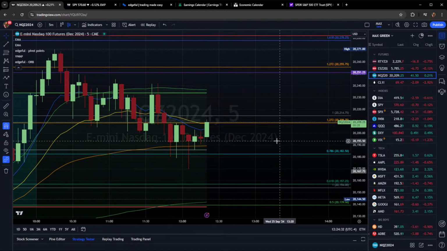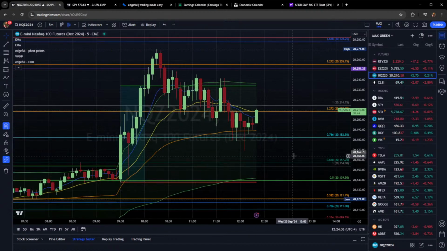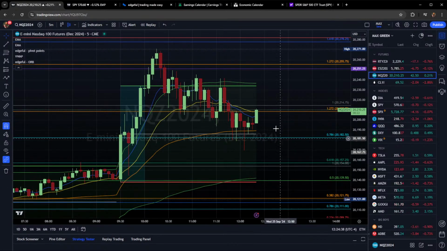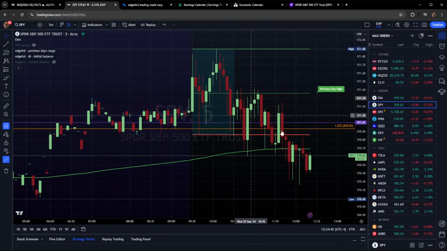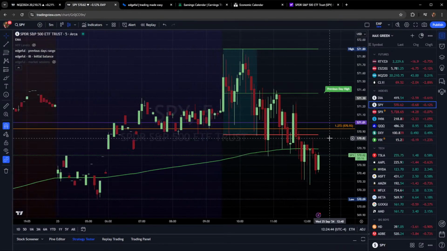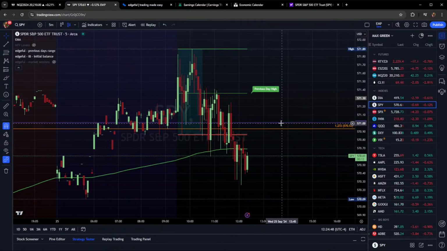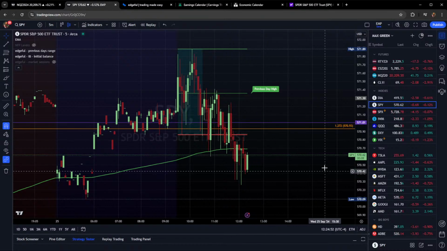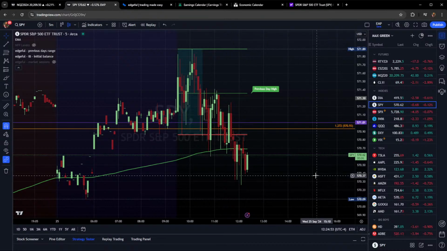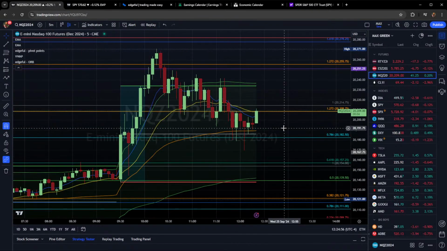So that tells me it's probably going to be a range day. We may not even get down here, or maybe later. But we probably just range. SPY could just hang out. It could come up here and reclaim, or come up and reject this again and just do this. I just don't see anybody aggressive on anything.